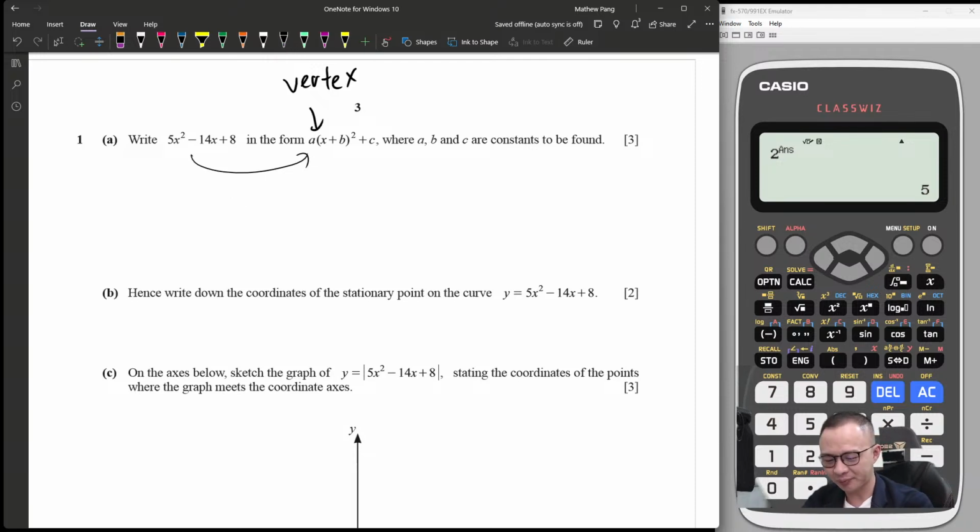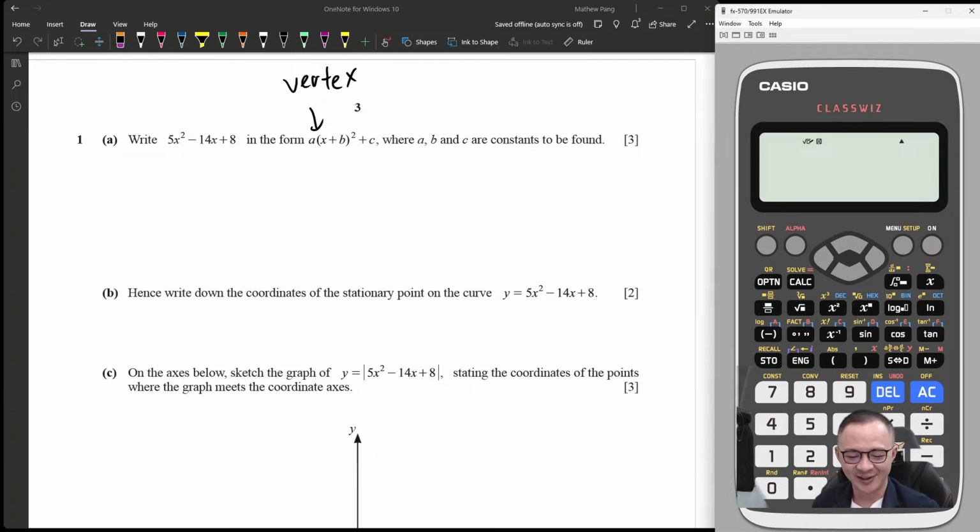And if you are using the same model of calculator as mine, then you can get the answer from the calculator for checking purposes. It's not really cheating. So you go to equation, polynomial power 2, and then you insert 5, negative 14, and 8 here.